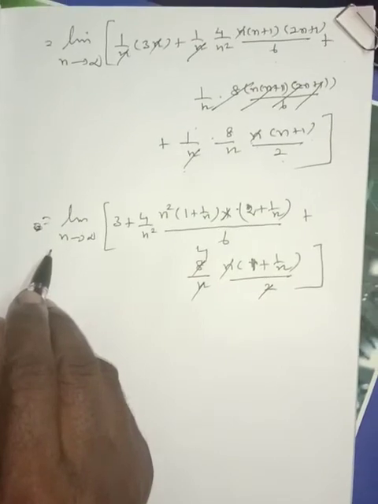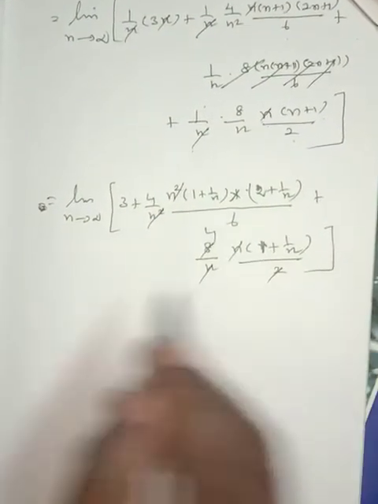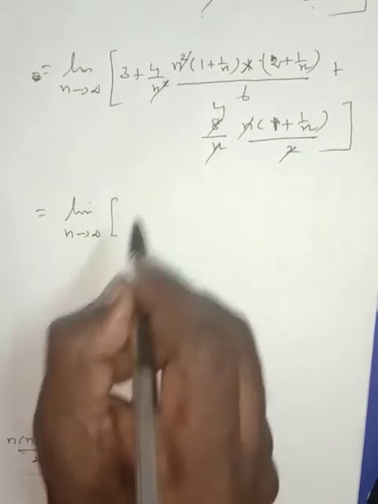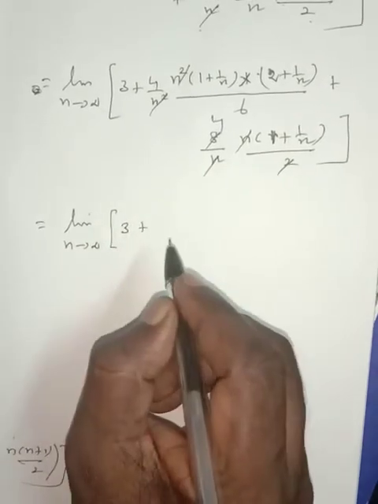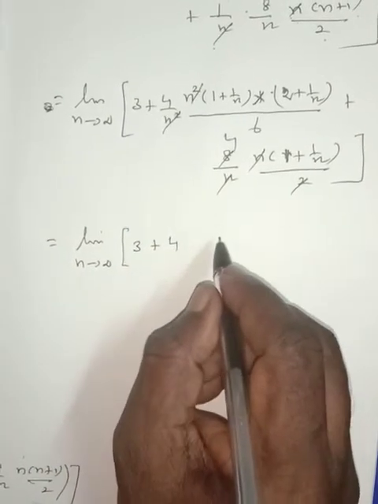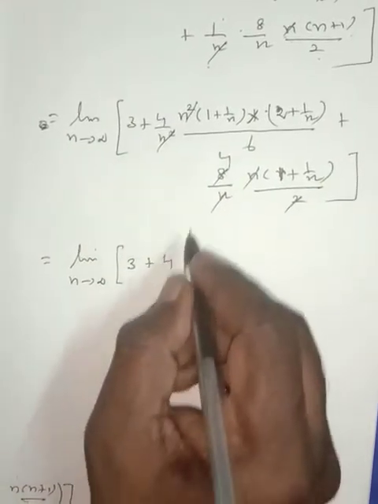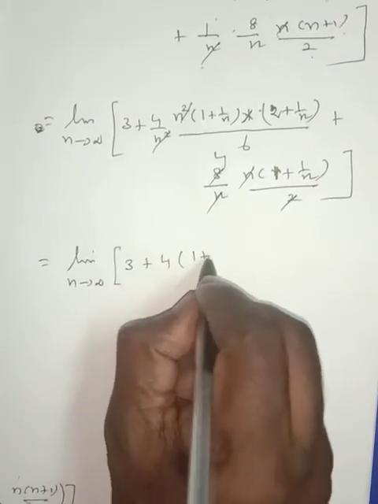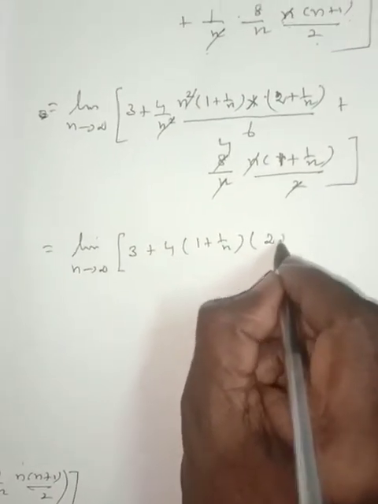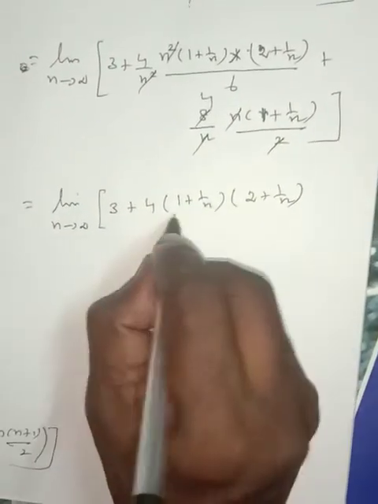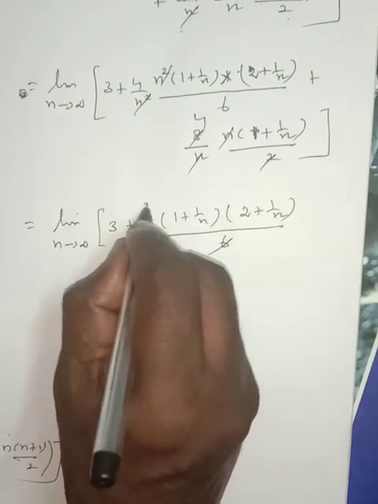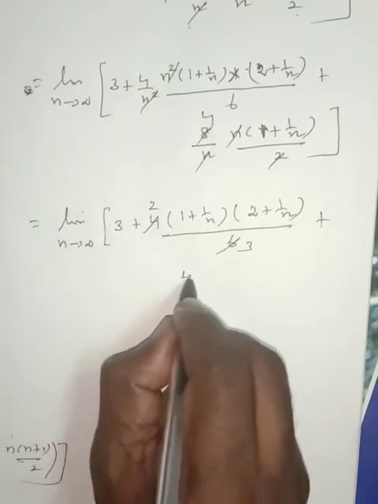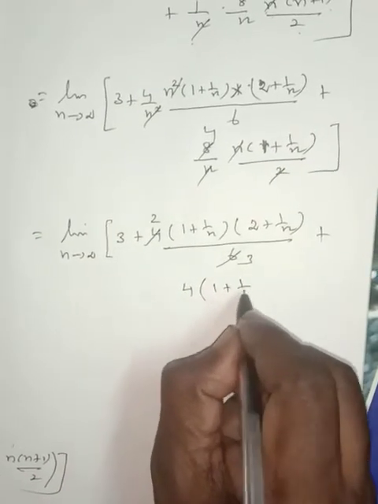Now n square cancelled, limit n tending to infinity of 3 plus 4 into (1 plus 1 by n)(2 plus 1 by n) divided by 6, plus 4 into (1 plus 1 by n).